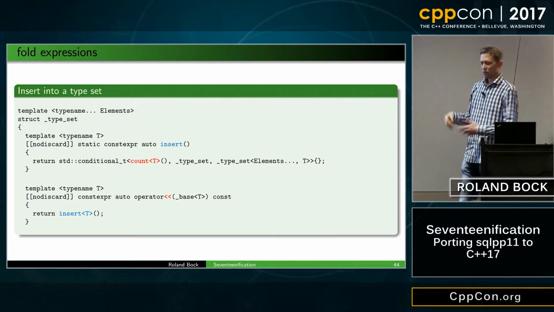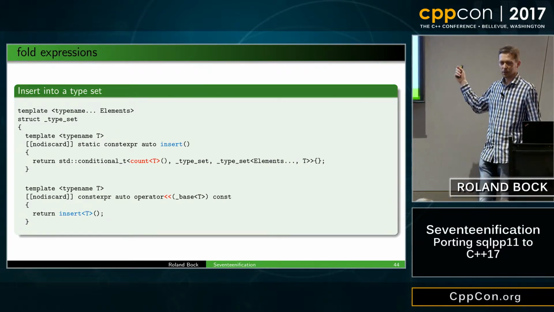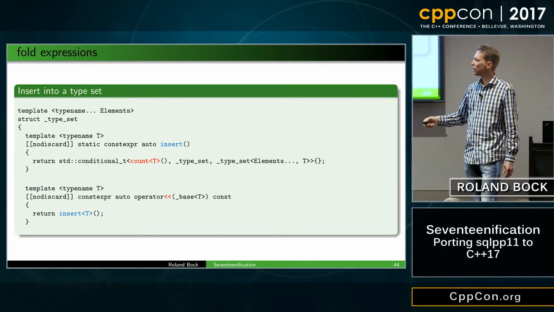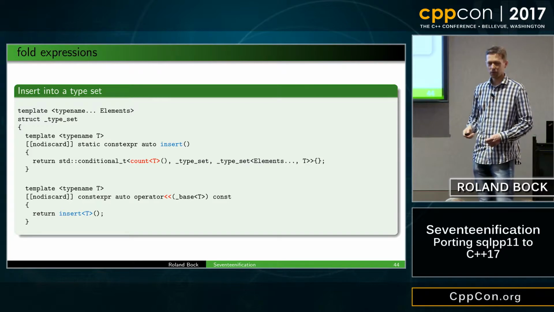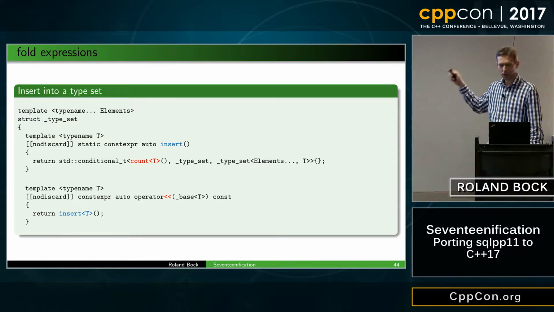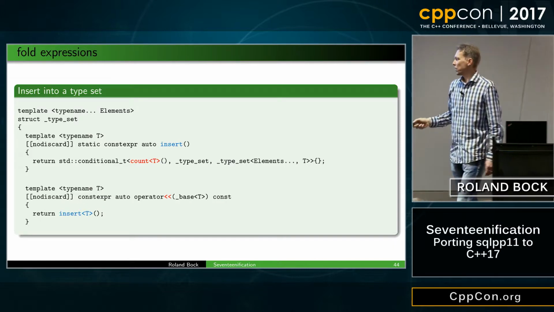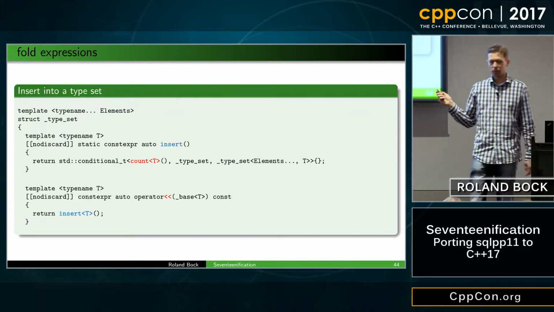And then to make this useful for fold expressions, you just add an operator that does exactly the same. Right? So this one has to take a value, and since we don't know in all cases how to construct a value, this uses the base class or the space helper type. And then it just calls insert and returns that. Okay.